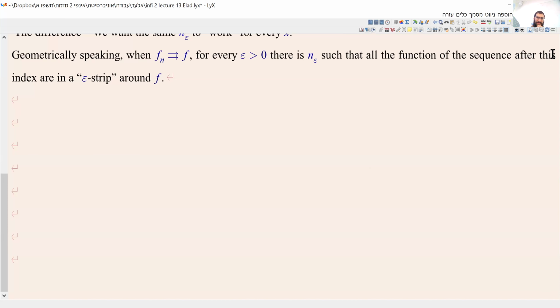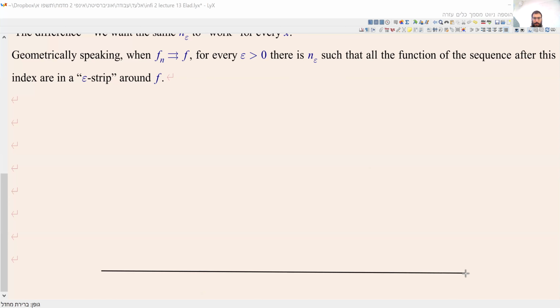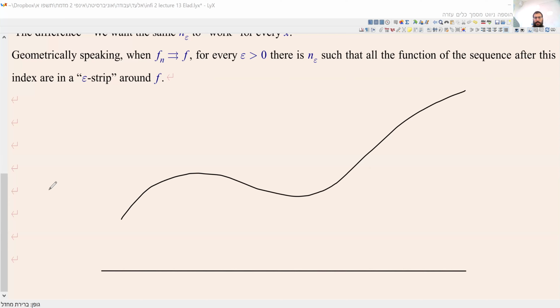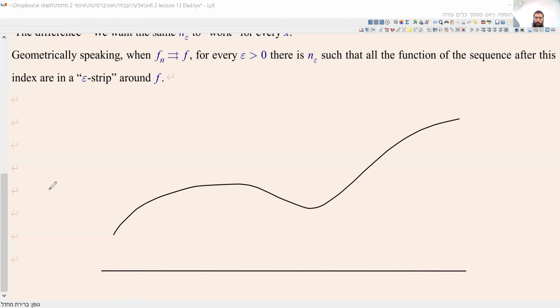For example, it doesn't necessarily need the function written down, especially just the graph. This is the x-axis. Let's say that this is the function f. Now, what do we say here?